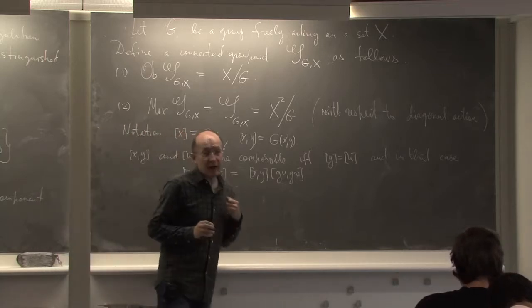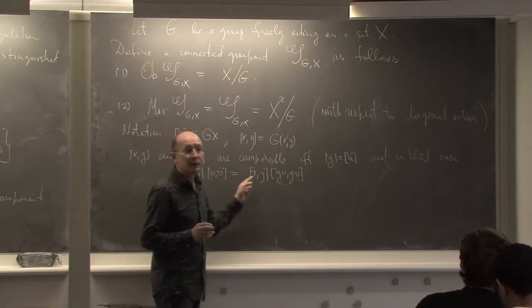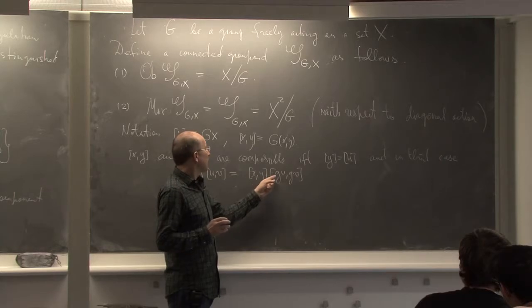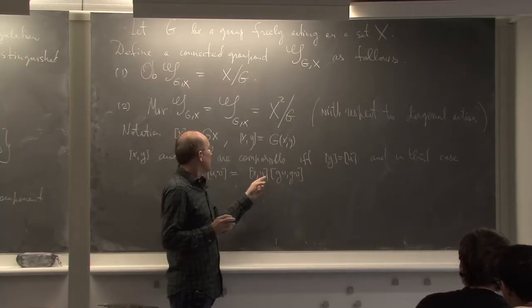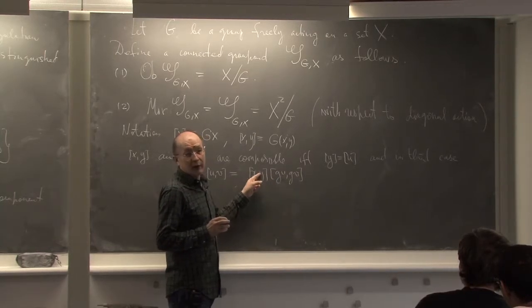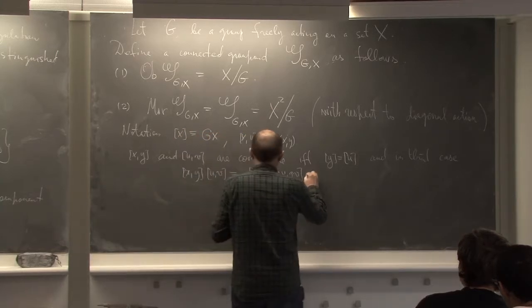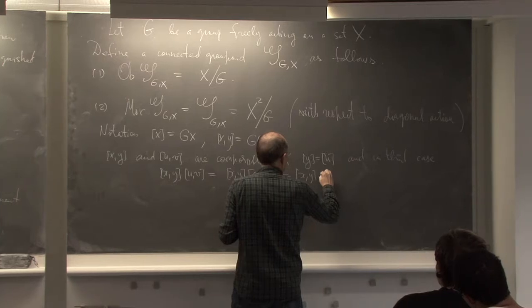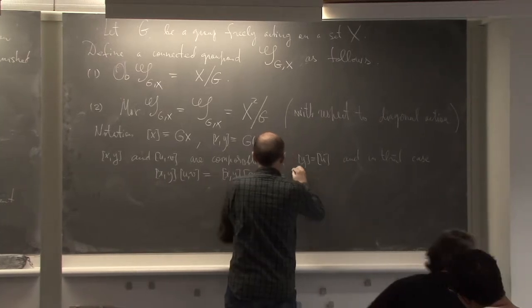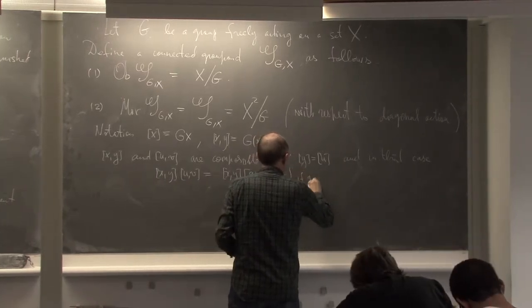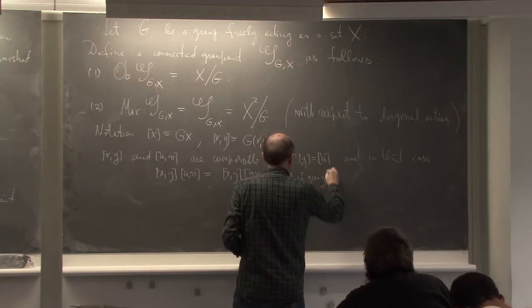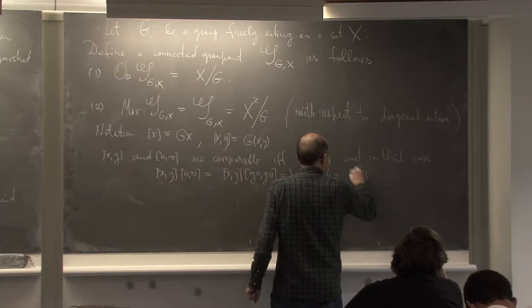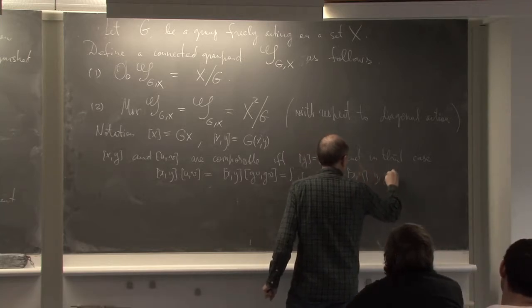And the freeness of the action is used at this moment, so we choose g in a unique way such that gu is equal to y. Okay, so if gu equals y, then this is the same as [x, y] [y, gv].